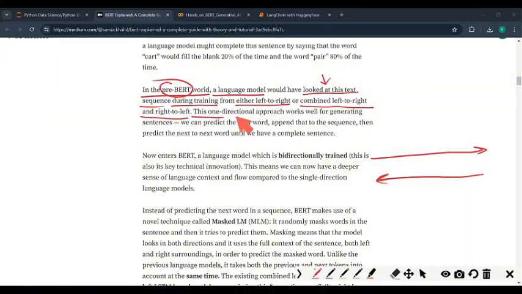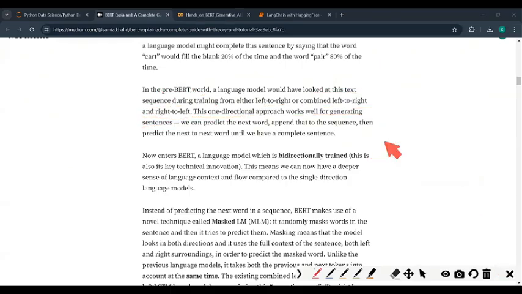Now, this one directional approach works well for generating sentences. Most of the models were one directional: either you look at a statement from left to right or from right to left.